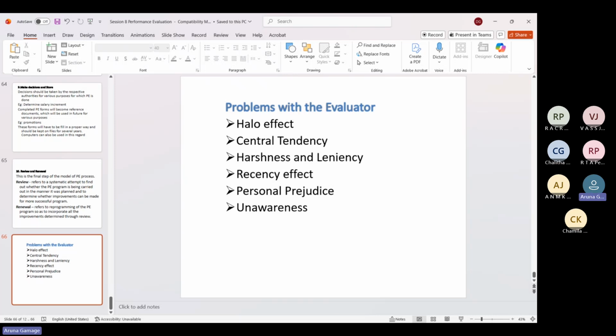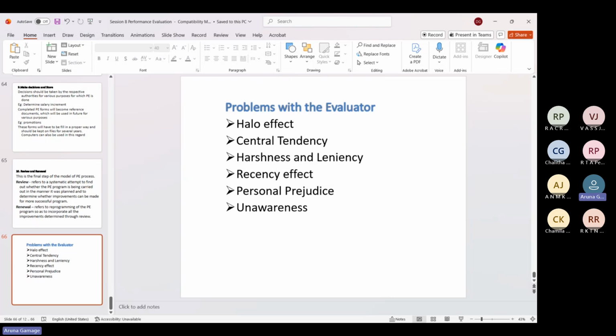For example, there are several criteria to be considered when evaluating employees. One is attendance. Suppose the attendance of one particular employee is excellent, perfect attendance.